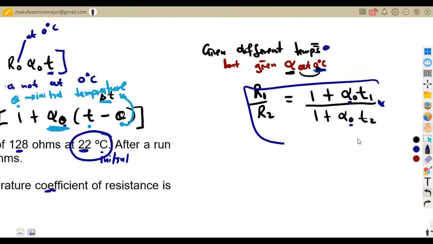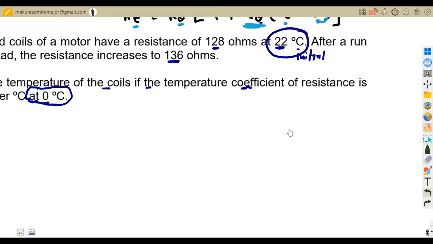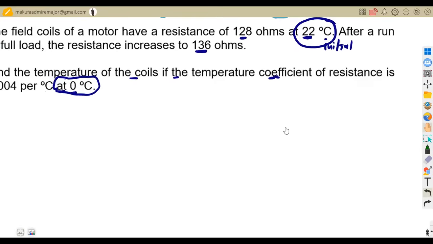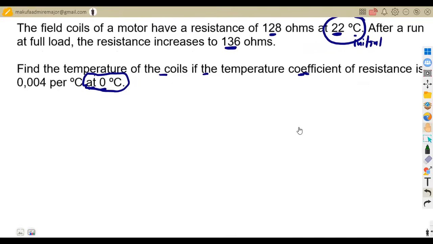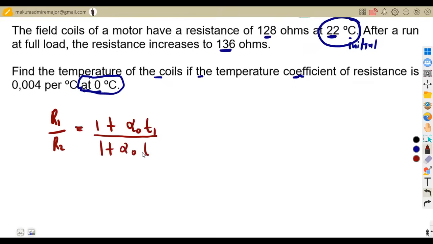This is the best formula for you to consider, because our temperatures are not at 0 degrees Celsius. So our formula is R1 over R2 is equal to 1 plus the temperature coefficient at 0 times the first temperature, over 1 plus the temperature coefficient times the second temperature.